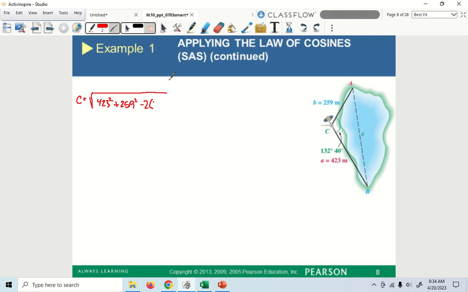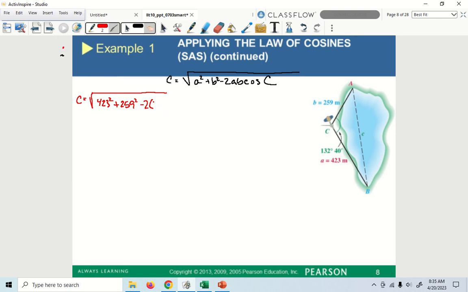Man. All right. So the formula is c equals the square root of a squared plus b squared minus 2ab cosine of big C. So that's the formula we're using there. So I'm going to keep plugging in here.